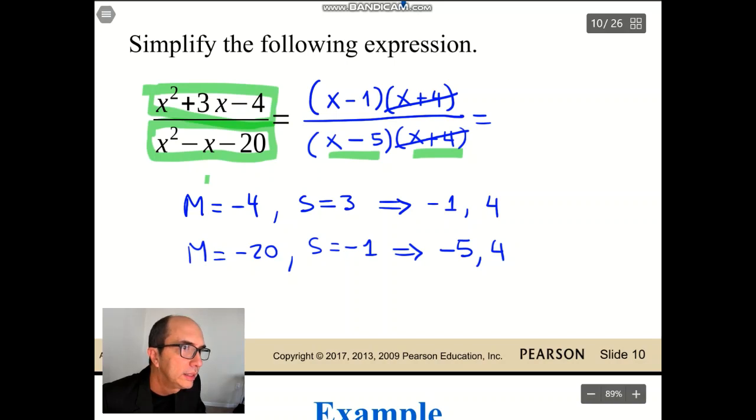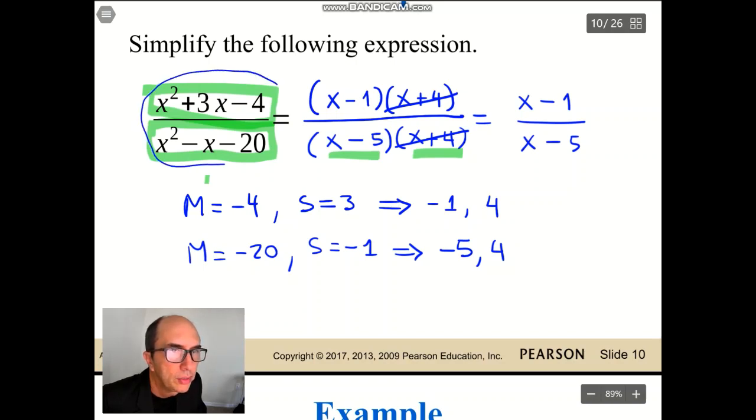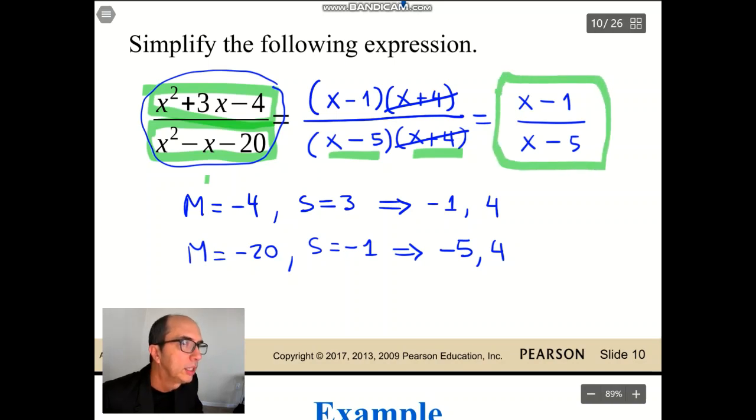And this is what simplifying means, because now we can rewrite this rational expression as x minus 1 over x minus 5. This very complicated rational expression is equal to this much simpler rational expression.